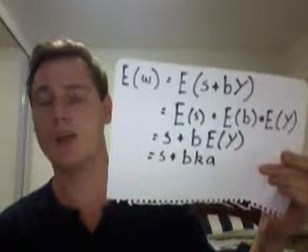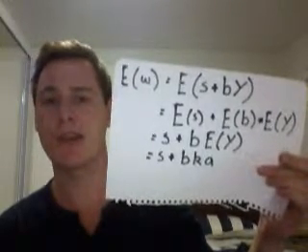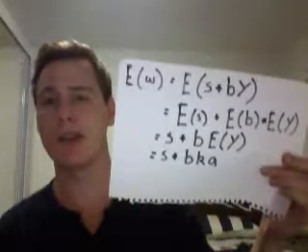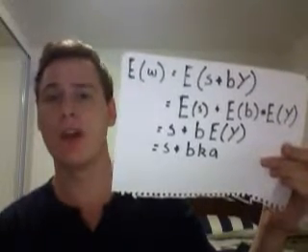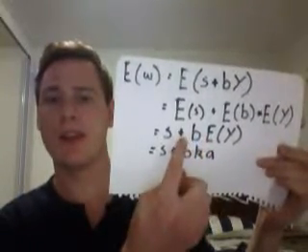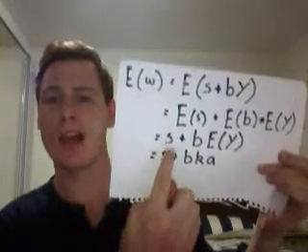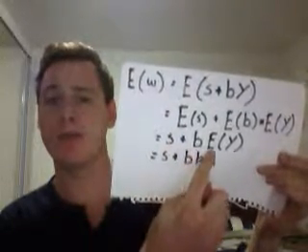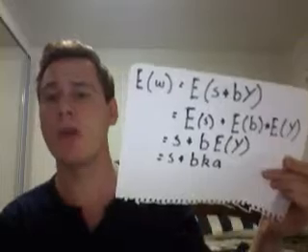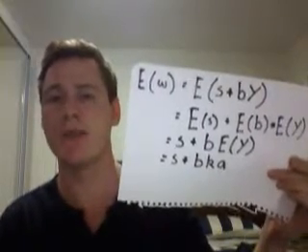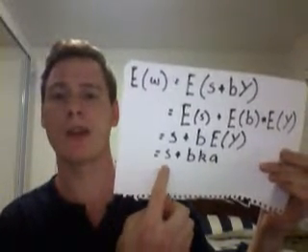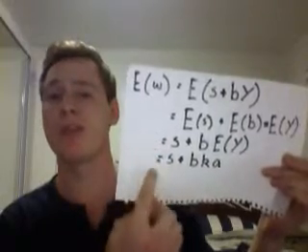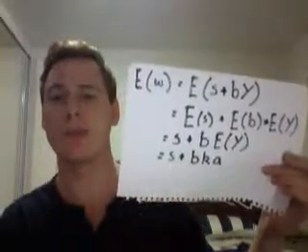Likewise, as in the last problem, the expected value of salary and incentives are going to be equal to their true value, which leaves us with the expected value of wages equals salary plus incentive level times the expected value of output, which, as we found just recently, means the expected value of wages is equal to S plus BKA.